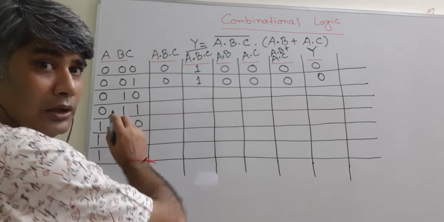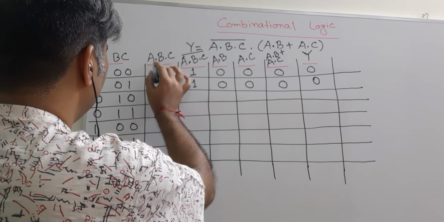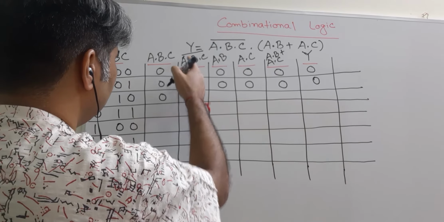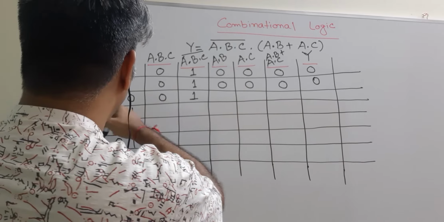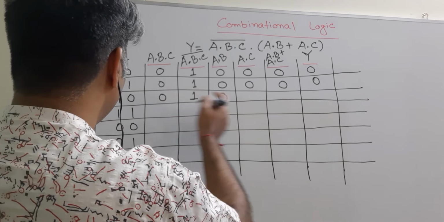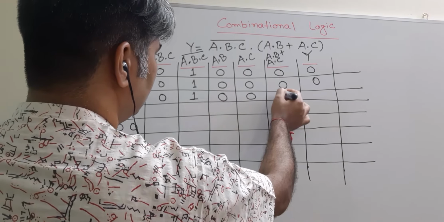So this will be 0. And then this one, which is 0, 1, 0: you have two zeros, so this will be 0. Since this is 0, this is the prime of this, so you'll have a 1. A is 0, so you'll have a 0. A dot C, A is 0, so this is 0. This too is 0, so this is 0.